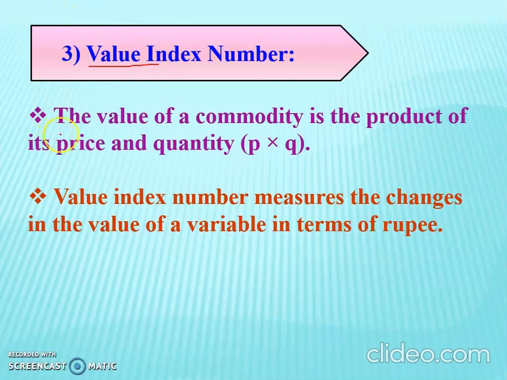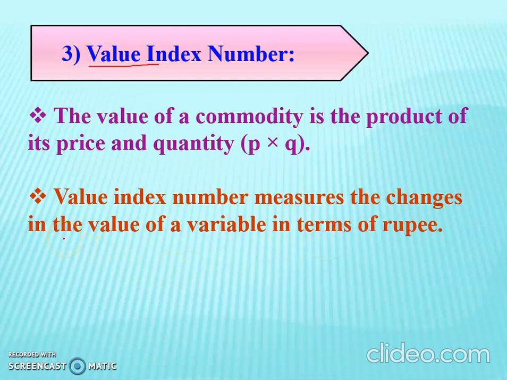So when we are calculating this value, we require the price and quantity of a particular commodity. So it is the value index number in which we are considering price as well as the quantity of the commodity. So here we can measure changes in the value of variables in terms of rupees.